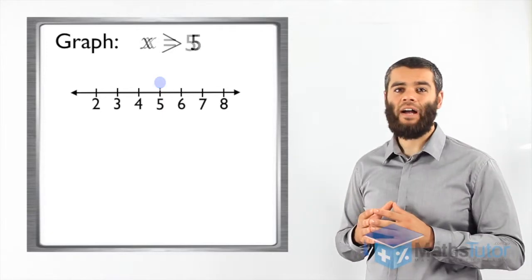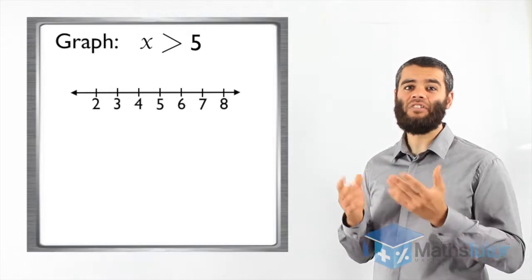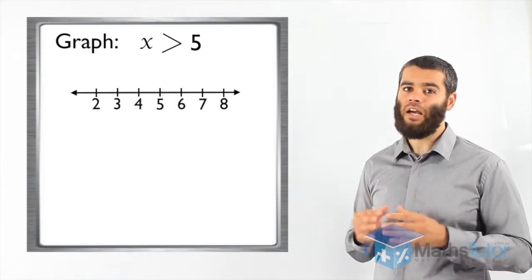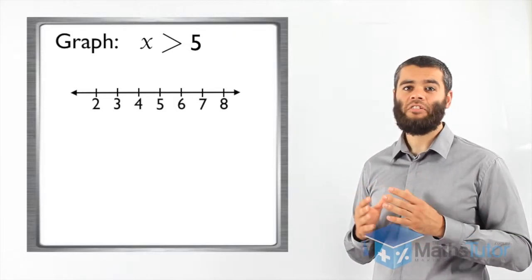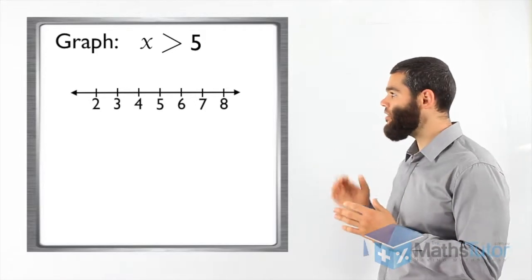What if we are asked to graph x is greater than 5? X is greater means it's larger, it's bigger than 5. It can be 5.1, it can be 6, it can be 100, it can be a million. How do we graph that on a number line? Very simple.